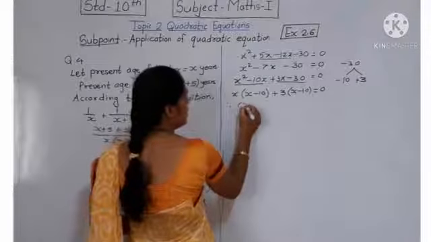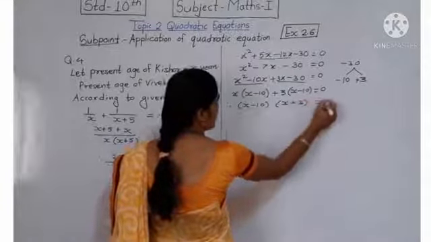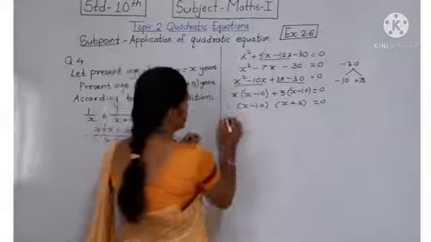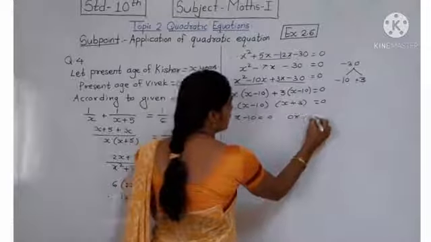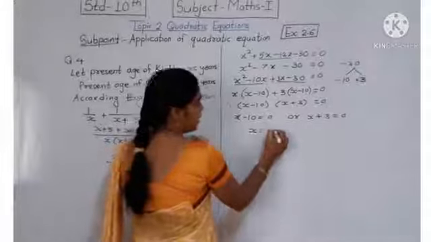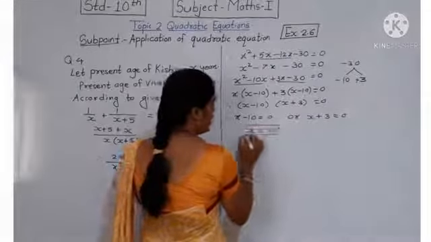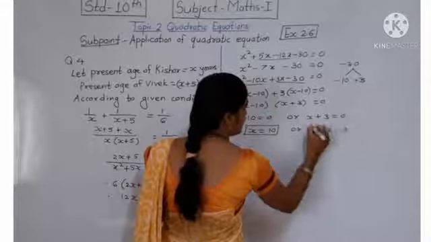Common again, x minus 10 is common, remaining x plus 3 is equal to 0. So x minus 10 is equal to 0 or x plus 3 is equal to 0. Therefore the value of x is 10 or the value of x is minus 3.